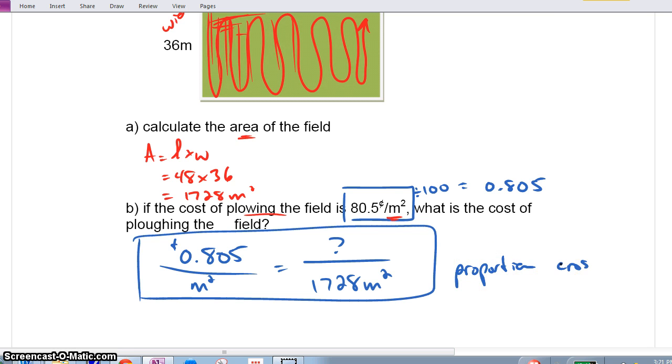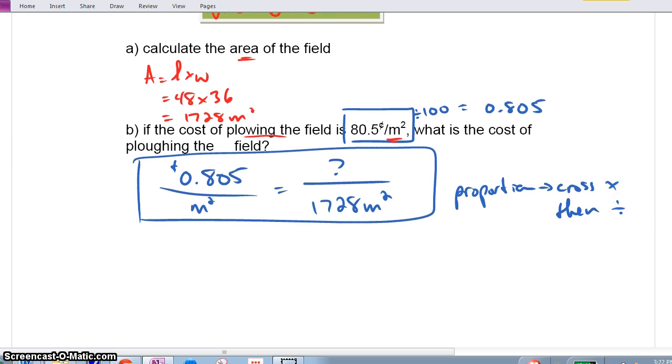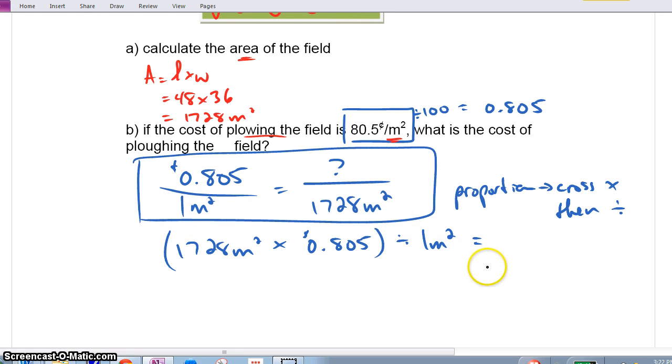So we cross multiply, then divide. So our steps to solve that proportion is 1,728 meters squared times 0.805, 80.5 cents, divided by, this is just 1 meter squared. So we're just dividing by 1 meter squared there at the end. And we get $1,391.04.